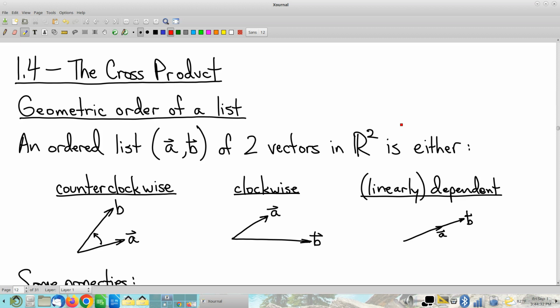The other thing I was going to say, there's, again, a lot to say about cross products and determinants and geometric notions of order, and it's too much. We just don't have time. So rather than leave out some of the facts, I, sadly for myself anyway, am going to leave out the proofs.